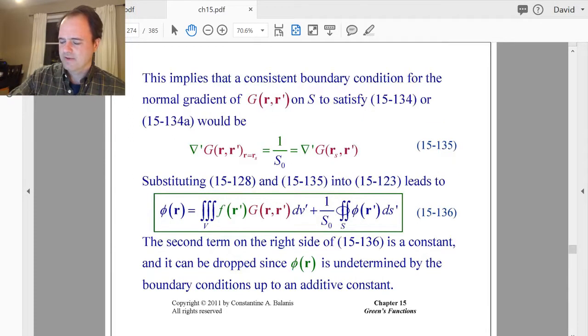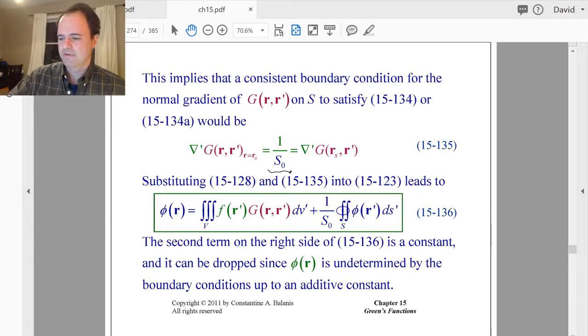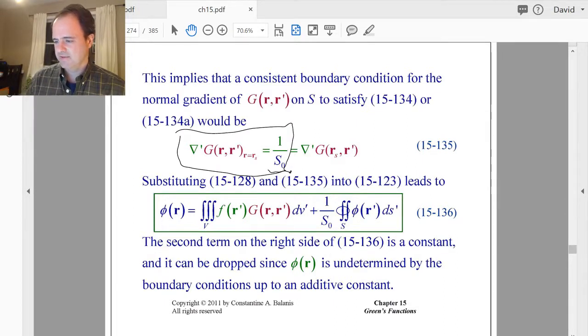So therefore we can choose to state that del G is equal to a constant, okay? This is a choice. That still allows for us to have beta equal to 0. We can choose that del G is equal to 1 over S naught, where S naught is the area of the surface, okay?